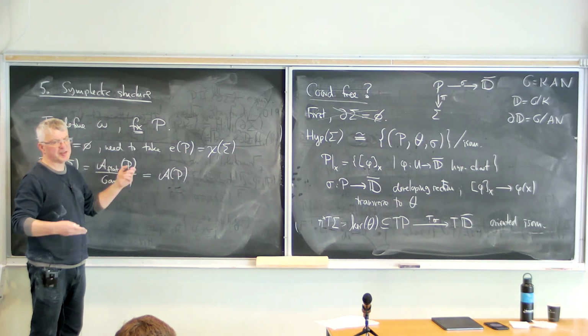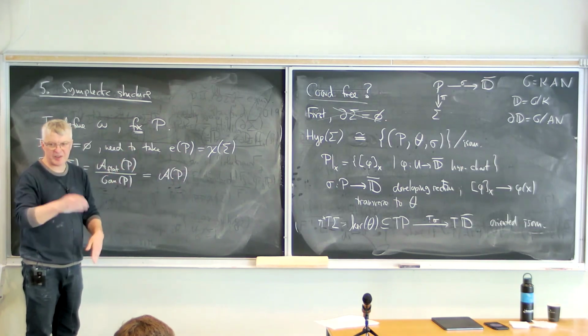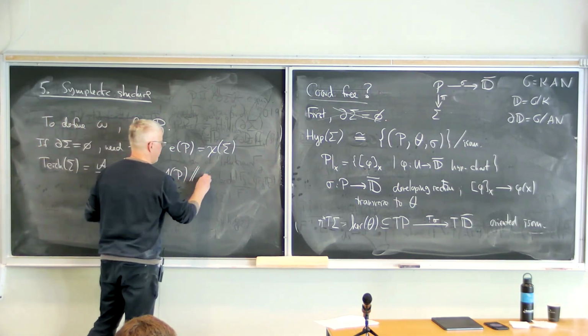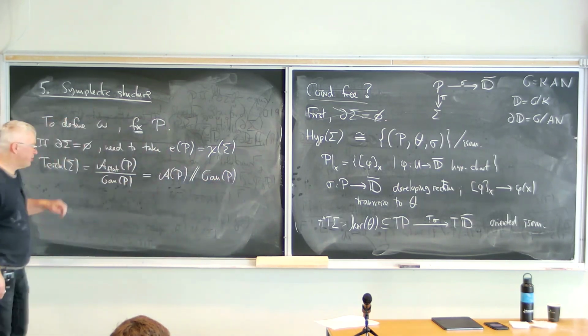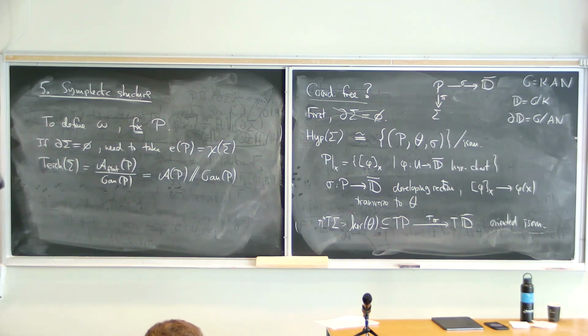So a flat connection is moment map level 0, and then you take the quotient, right? So it's like a symplectic quotient by gauge transformations. So once you know that, it's all good. But how does one know this?